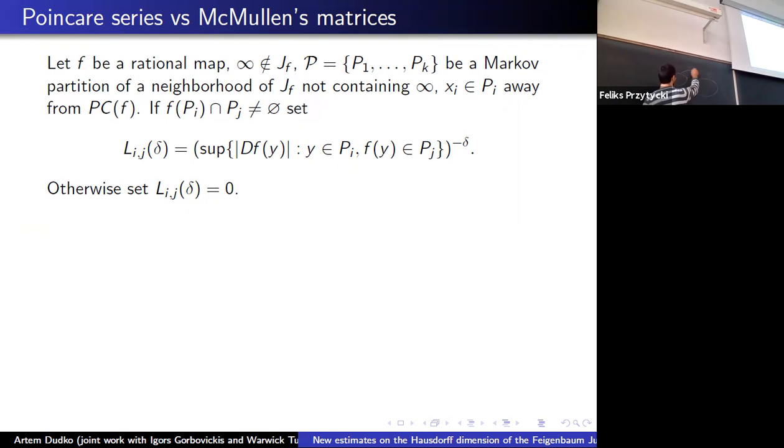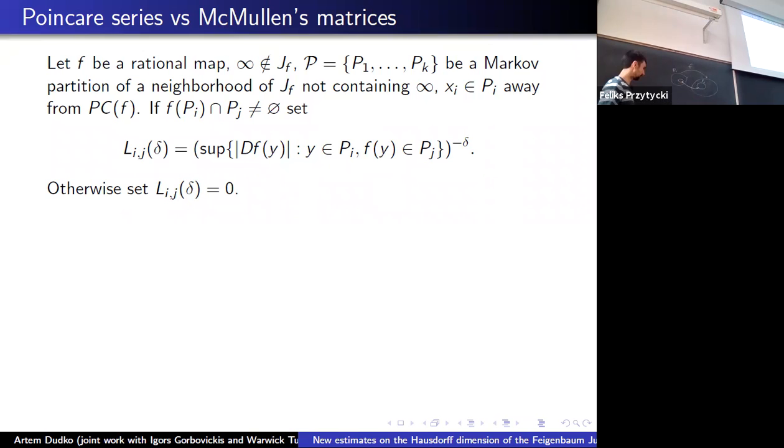So if we have our piece Pi, we have F, here we have piece Pj, so we find the point here inside Pi mapped to Pj, for which the derivative is maximal.